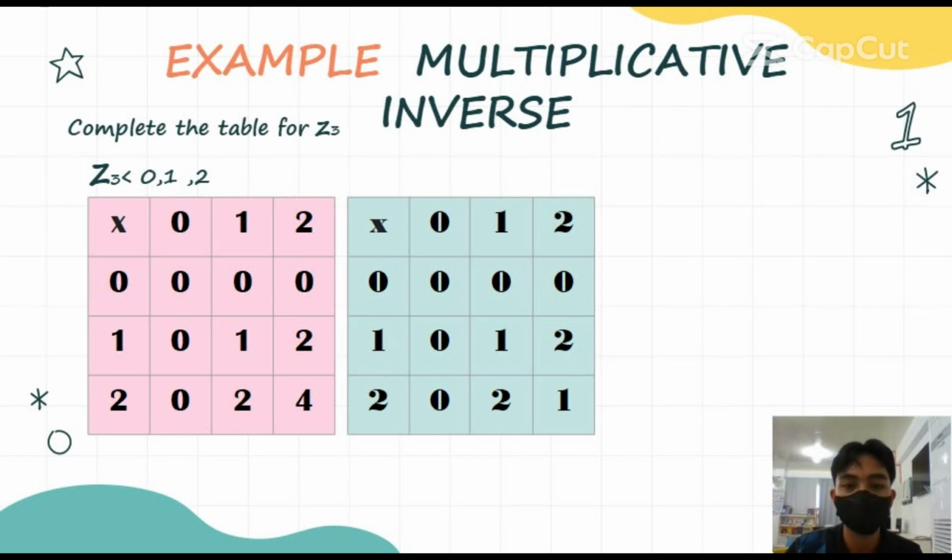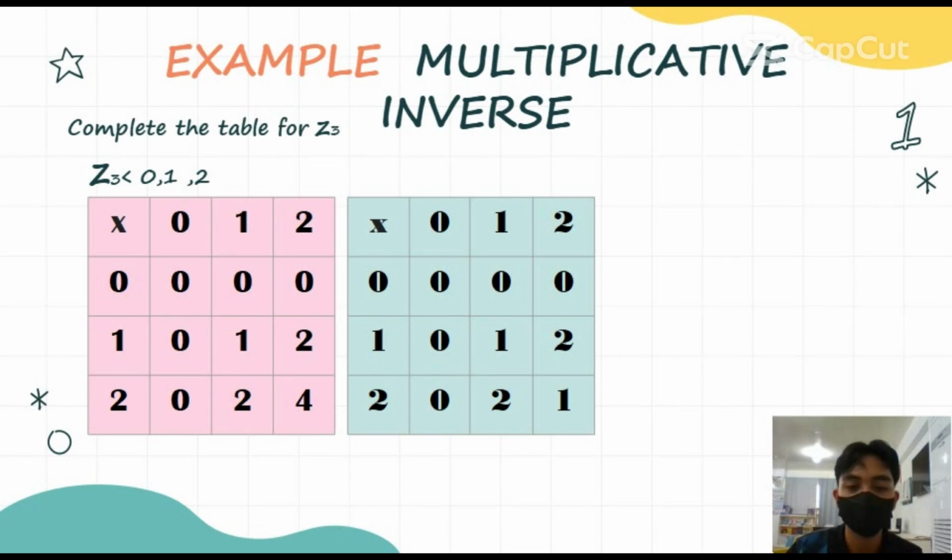And next is 1 times 2 is 2, and 2 mod 3 is 2, or the remainder is 2. And the same here, 2 times 0 is 0, and 0 mod 3, we have the remainder 0.